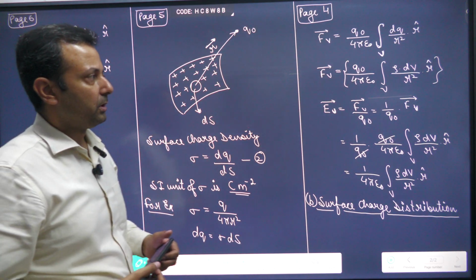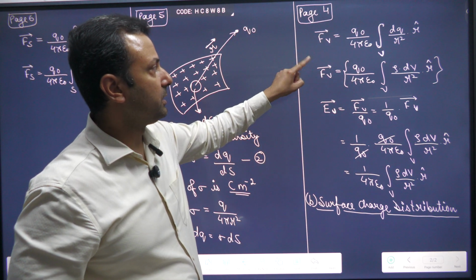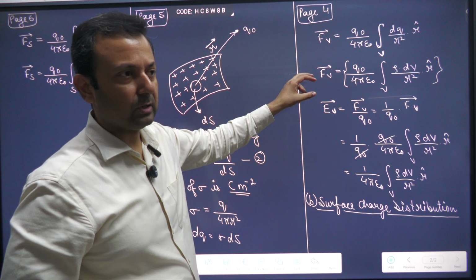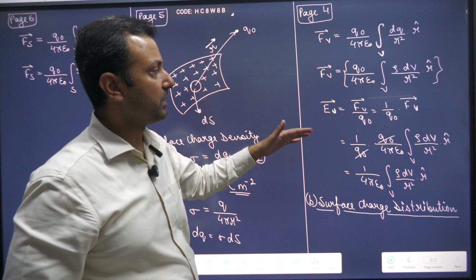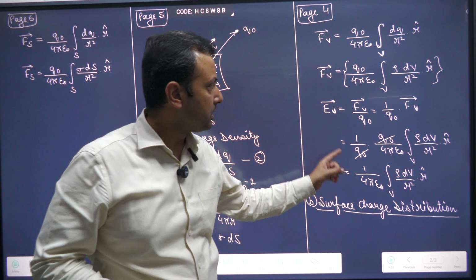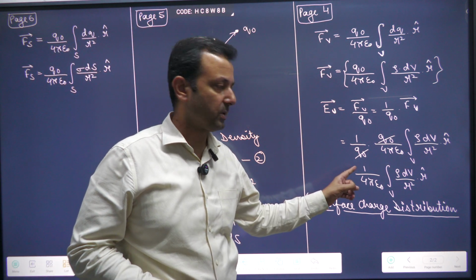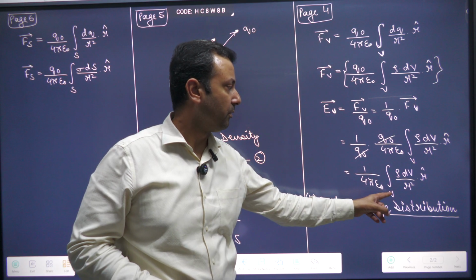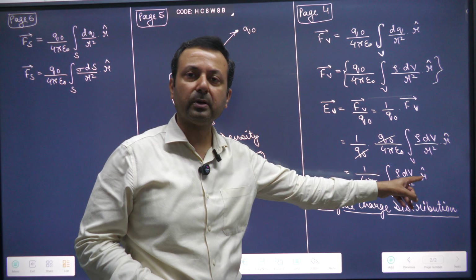Similarly, like we have calculated force due to the volume charge distribution, we will calculate the electric field. Electric field due to volume charge distribution was 1 upon 4 pi epsilon naught, volume integral of rho dV upon r square.